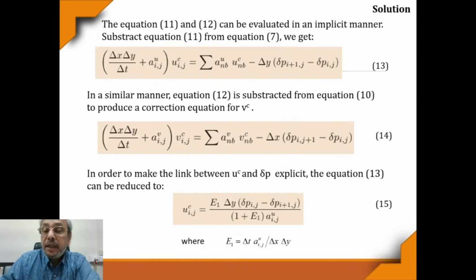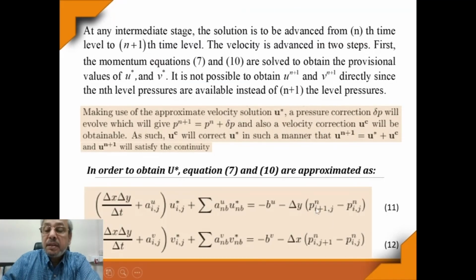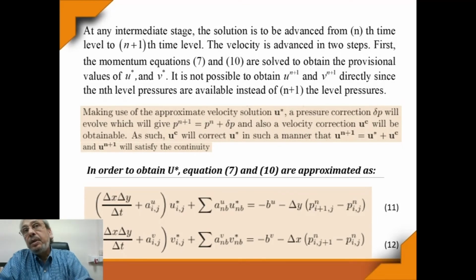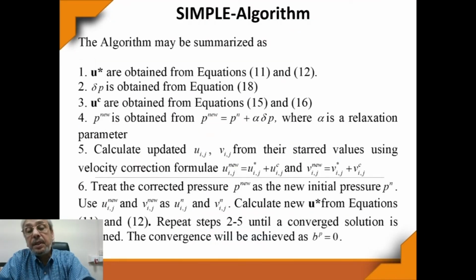So then this replaces Pn. Now we rewrite equations 11 and 12, whatever P we get from the Poisson's equation for pressure, not for pressure correction. Now it becomes Poisson's equation for pressure.